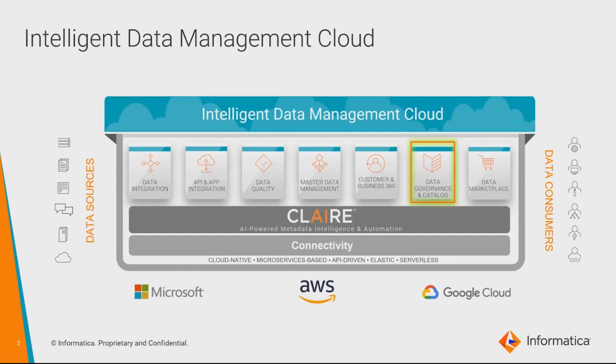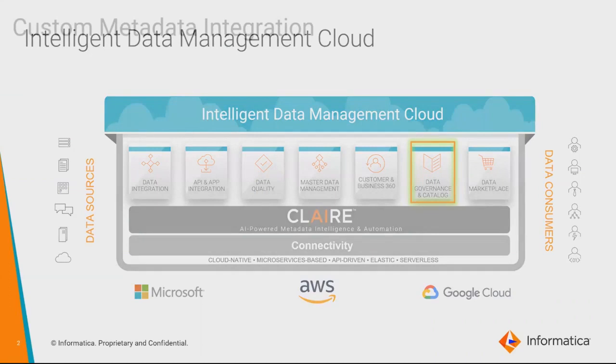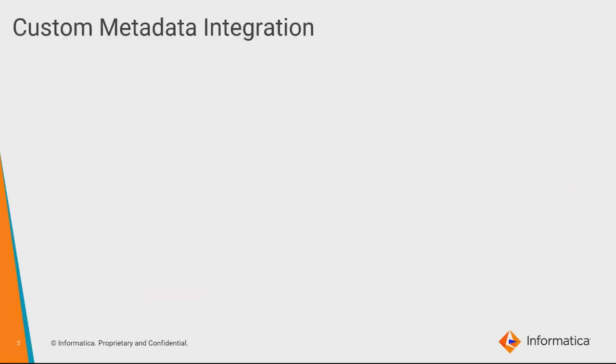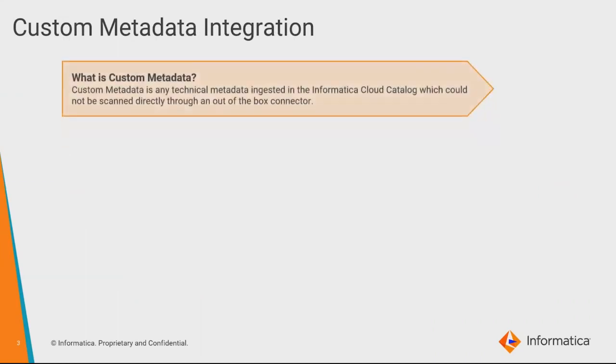So let me talk about what is the custom metadata integration feature in Informatica's data governance and catalog. First of all, let's understand what is custom metadata. Well, custom metadata, when you are searching or visualizing it in the UI, is just like any other metadata. But what differentiates it is the way you ingest it into the catalog.